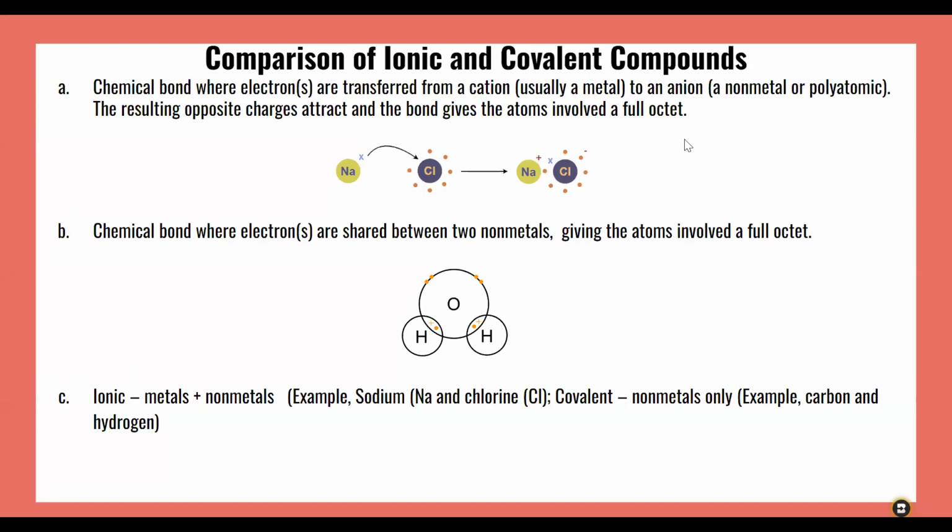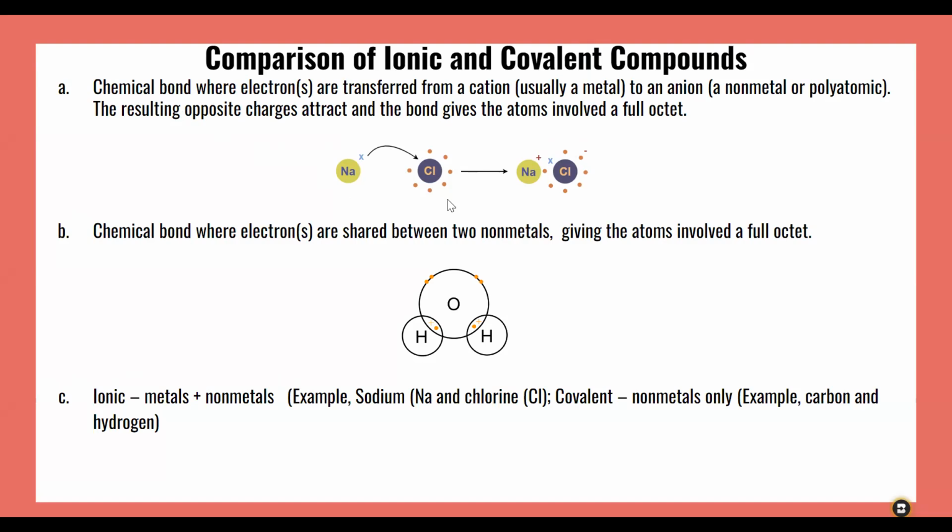Remember, in ionic compounds, electrons are transferred. This is an ionic compound here, chemical bond. In this case, electrons are transferred from a cation to an anion. You see, there's electron transfer from metal to non-metal.